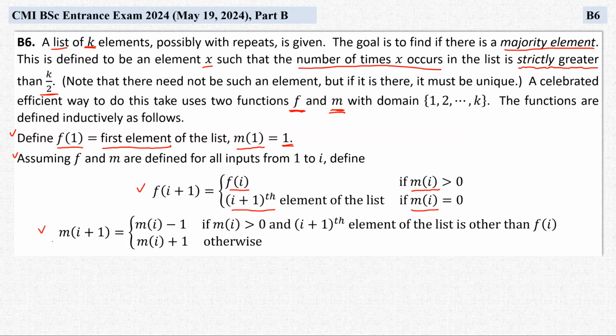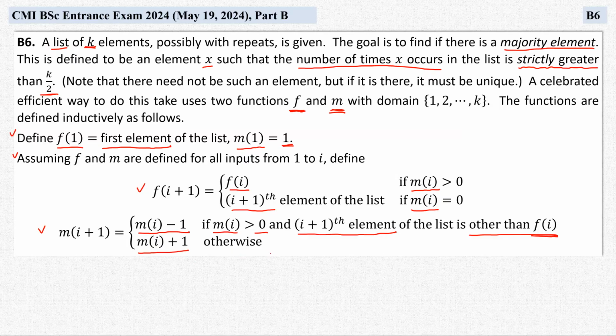As for the function m, m of i plus 1 is defined as m of i minus 1 if m of i is positive and the i plus 1th element of the list is other than f of i, and m of i plus 1 in other cases.